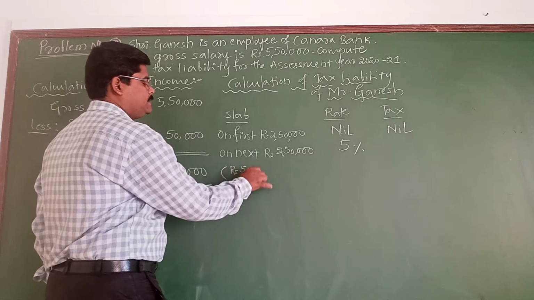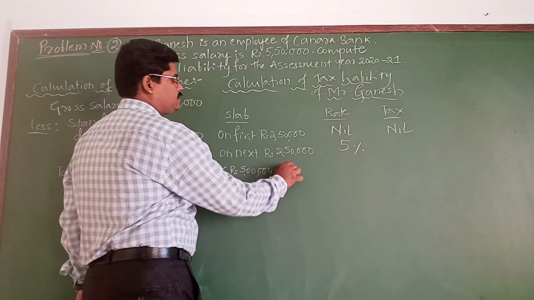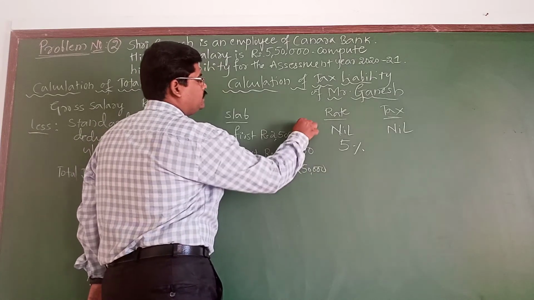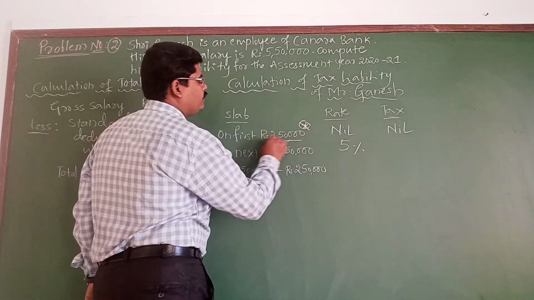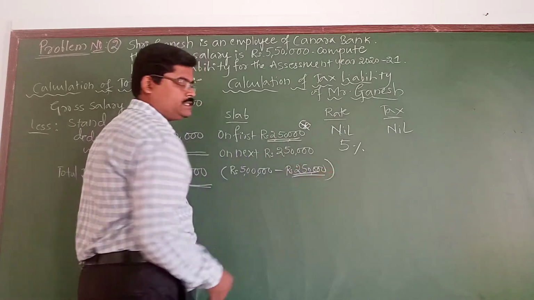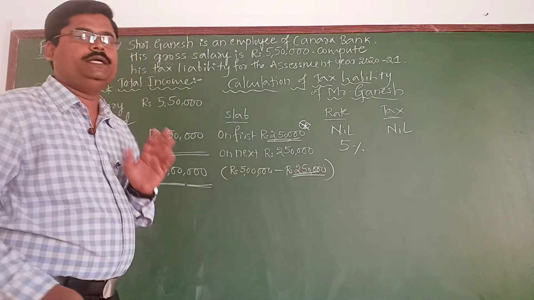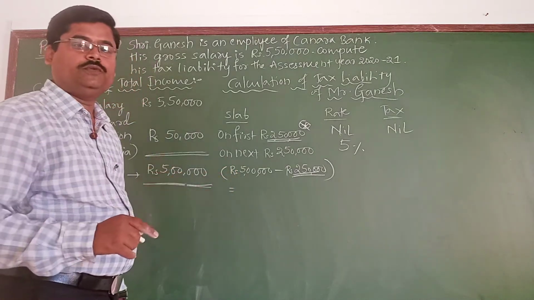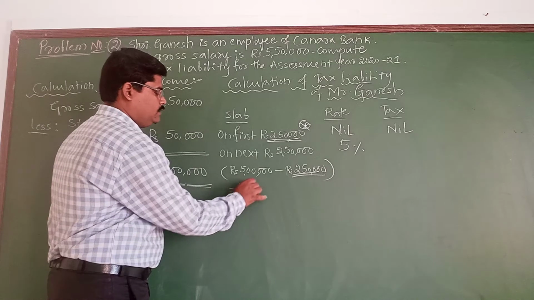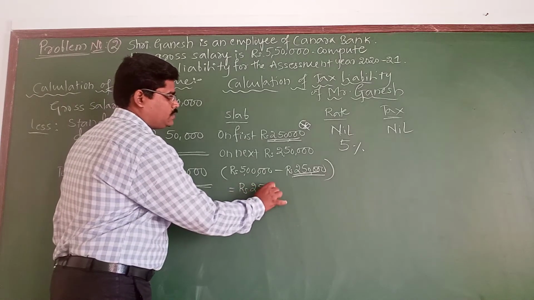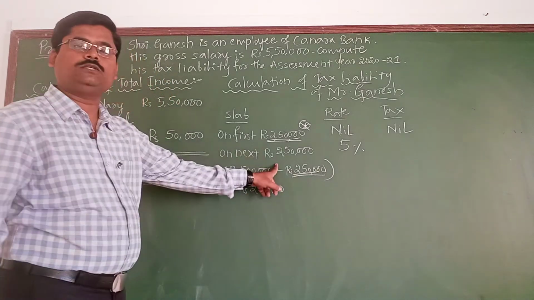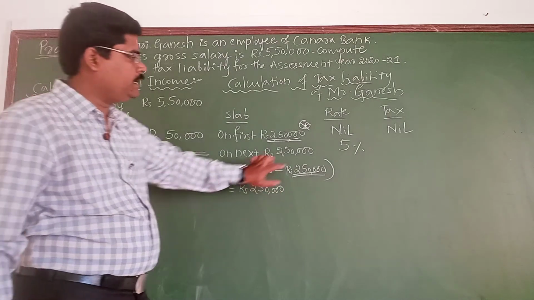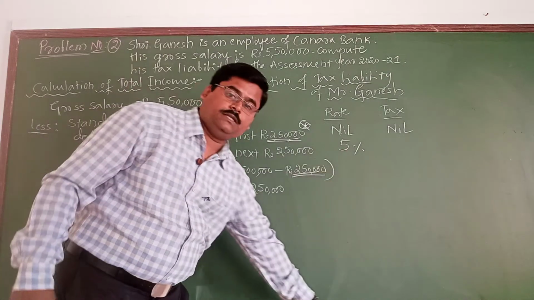Rupees 5 lakh minus rupees 2,50,000 gives me rupees 2,50,000. This is the next 2,50,000. For this whole amount of 2,50,000, the rate applicable will be 5%.